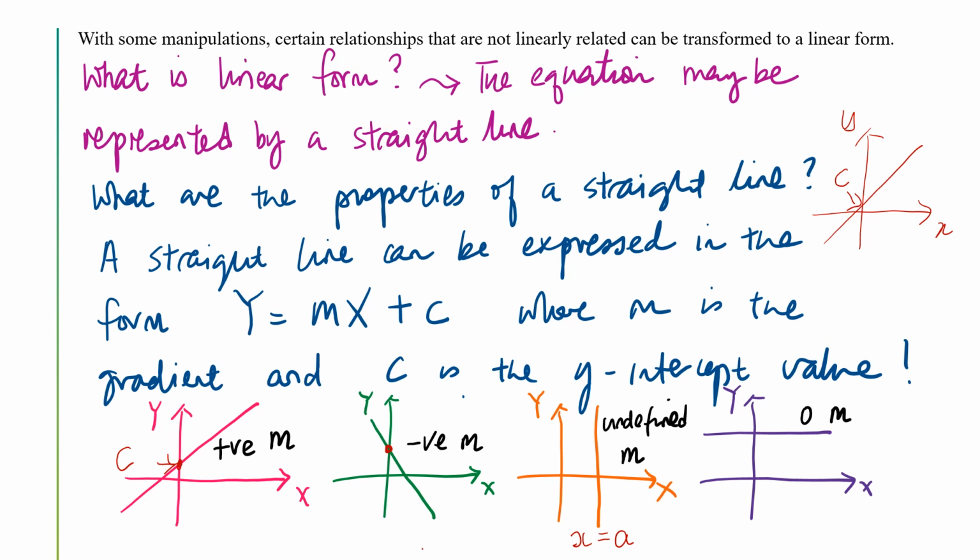And for the last one, this will be your value of c. To describe that horizontal line, it's just y = c, where c is the y-intercept value. It can be -1, 2, 4, any rational number, and can also be an irrational number.